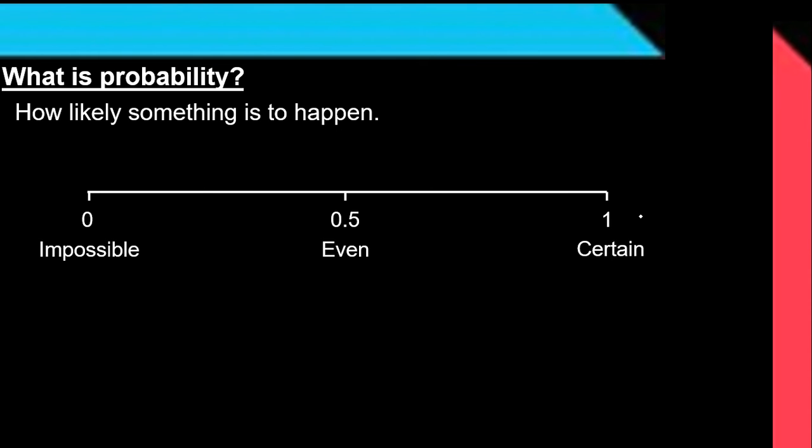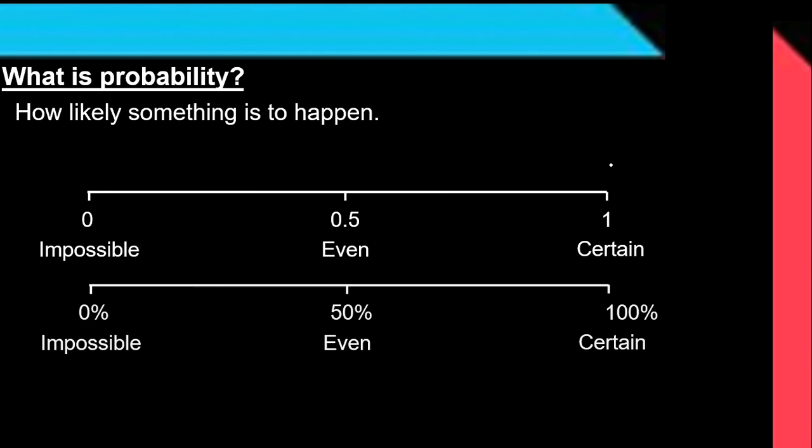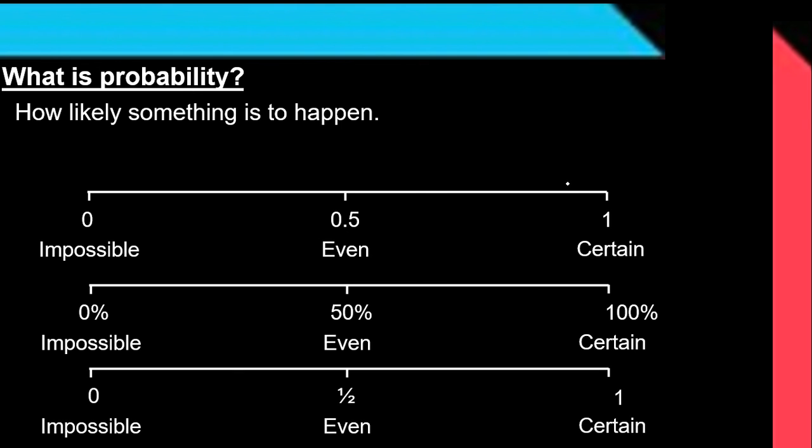Probability, just like anything else, if we're talking about decimals, we can write it in terms of percentages, and we can also write it in terms of fractions, but they all mean the same thing. If it's a 0% chance or a 100% chance, if it's a half, it just means it is a 50% chance. They all mean the same thing. Depending on the actual outcome, it will be in a different place on the probability scale.